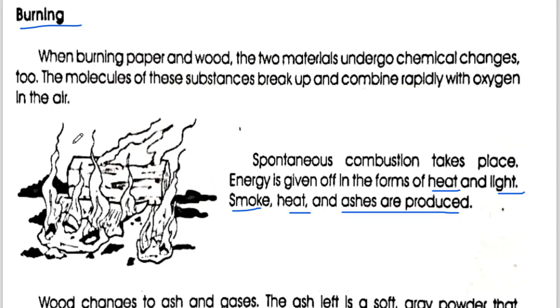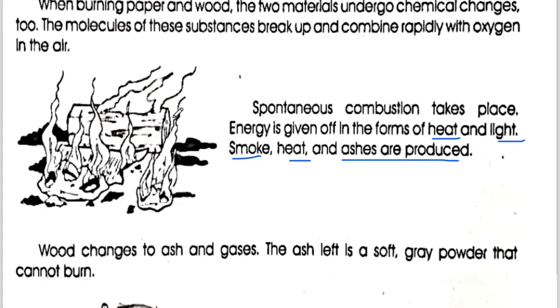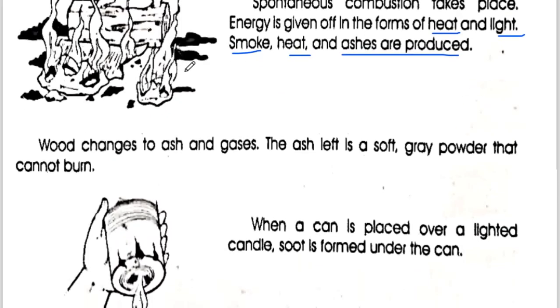This is also an example of chemical change because when you observe during burning, wood will change into ashes. So that is chemical change. It cannot be called a wood anymore because it has already changed.